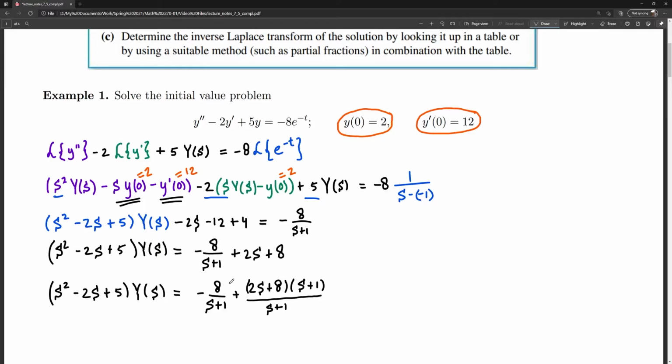I made a common denominator for these two. And when I simplify that, I get s squared minus 2s plus 5 times Y of s equals 2s squared plus 10s over s plus 1.